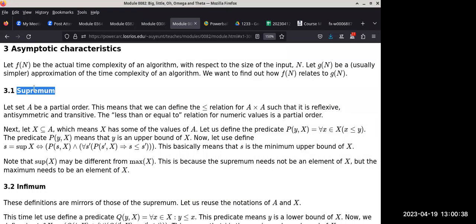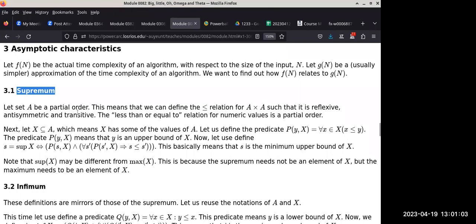Okay. Is that okay? So Marcus, you made a very good observation. That is actually true, that the supremum turns out to be just the maximum when we have a relation that is totally ordered, which in this case, less than or equal to is totally ordered with respect to natural numbers or real numbers. So very good.